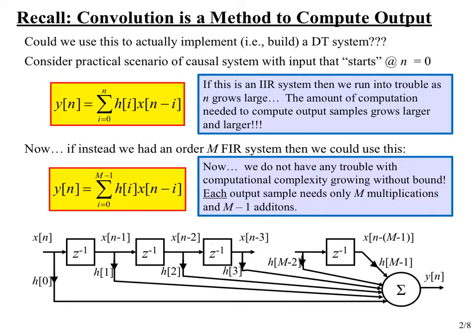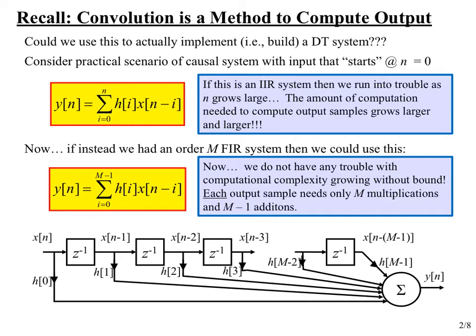But in reality, engineers don't really do convolution or solve for specific outputs all that often. Professors ask you to do that to make sure that you understand the mechanism. We really use it as a way of understanding how things are going to work and how we can think about implementing systems and things like that.